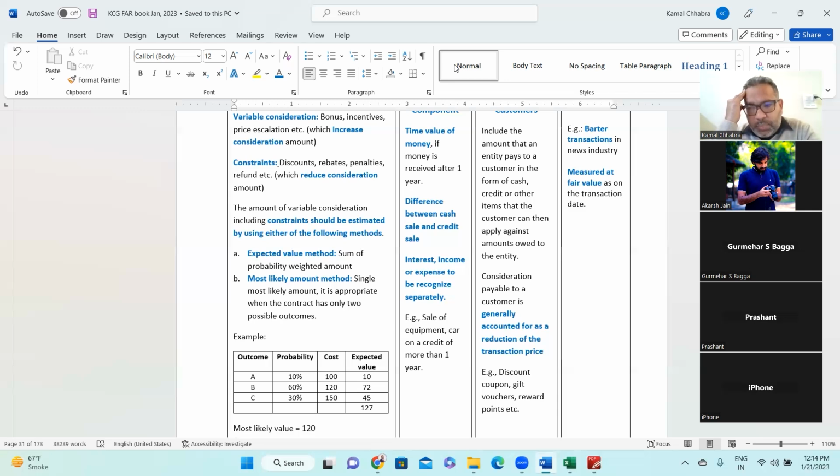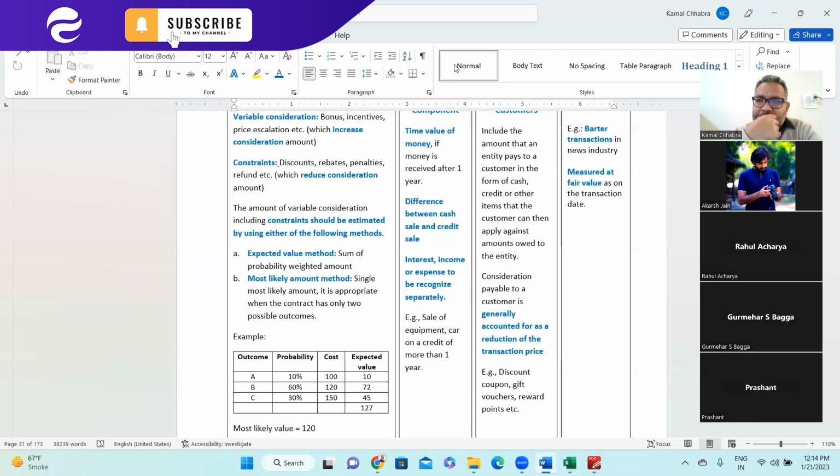That will be based on the probability of how many consumers might be utilizing that discount voucher. Let's assume 10% of the people, out of 100, would be availing that benefit.